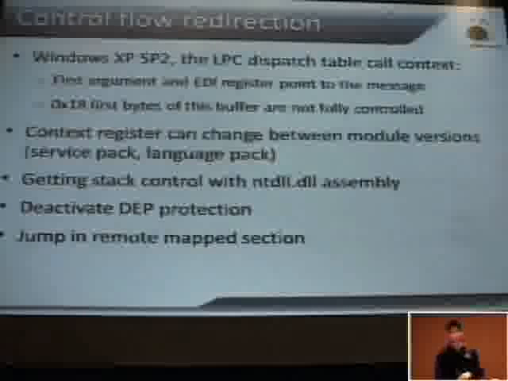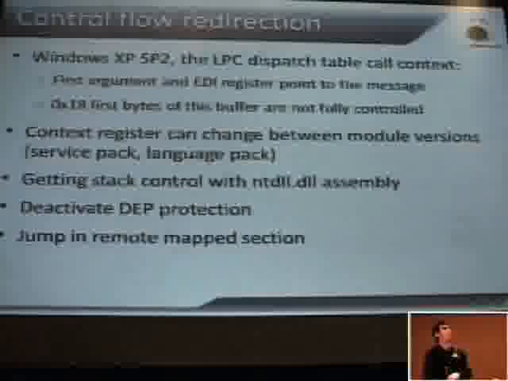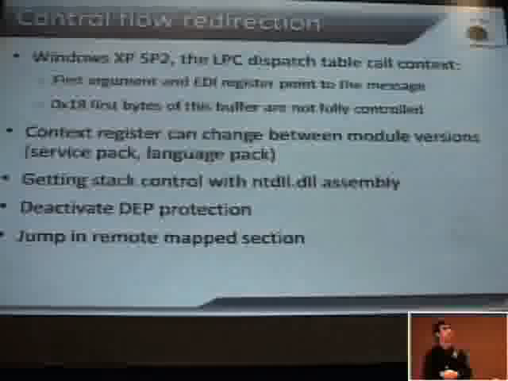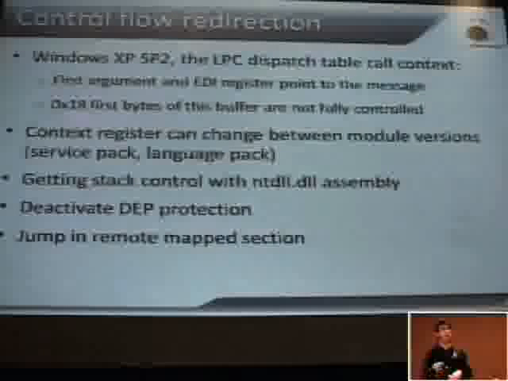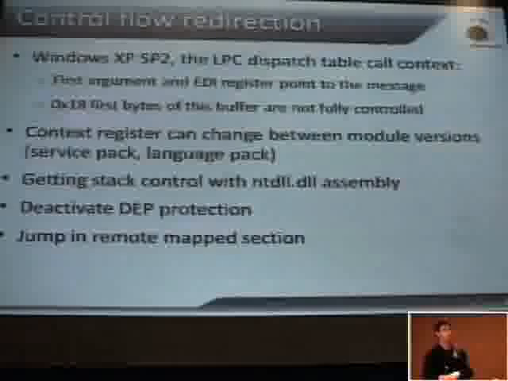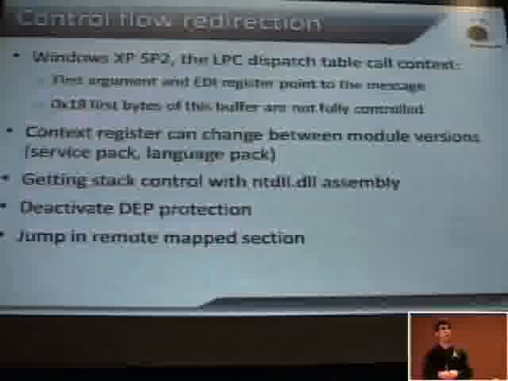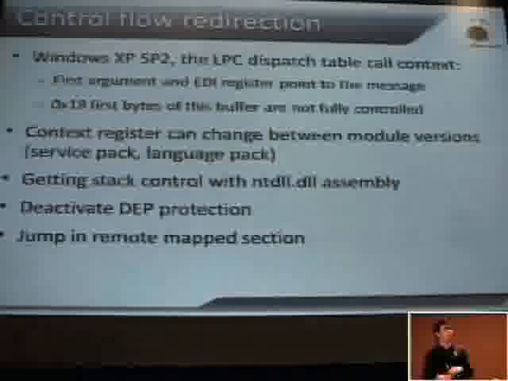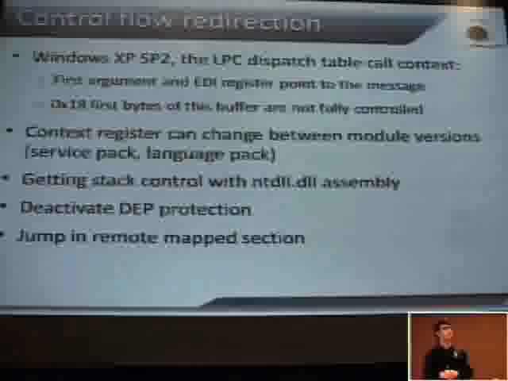Okay, so the control flow redirection is made through the context when you call the ALPC dispatch table. Basically, we control data in the first argument in the EDI register. We do not fully control the first 18 bytes of this buffer, as it is the ALPC message structure. We can look at the specific context depending on the service pack and language pack.